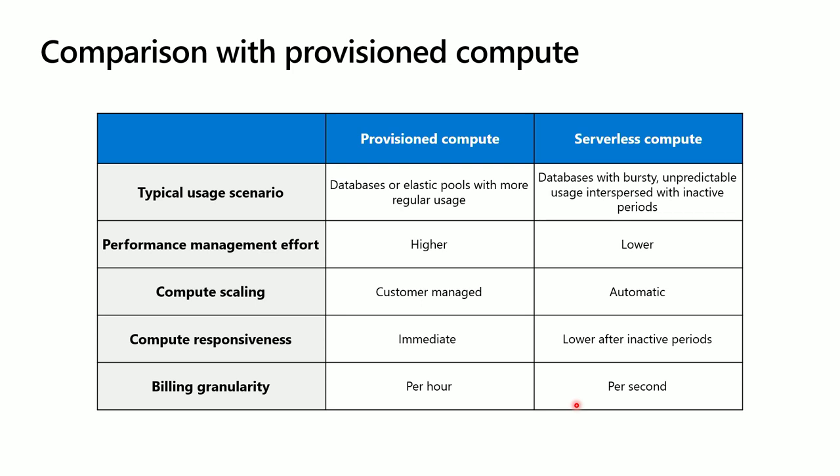Whereas if you have completely unpredictable workloads, or dev test scenarios where you want to get rid of the instance, then serverless is definitely an ideal fit. The second big differentiator is scaling. As we saw, the scale can be automatic in the case of serverless, whereas in provisioned compute, you have to know how the CPU usage is and then scale your service tier up or down.